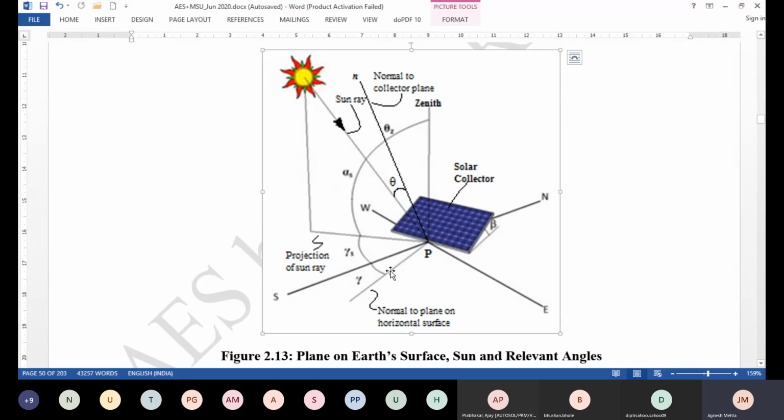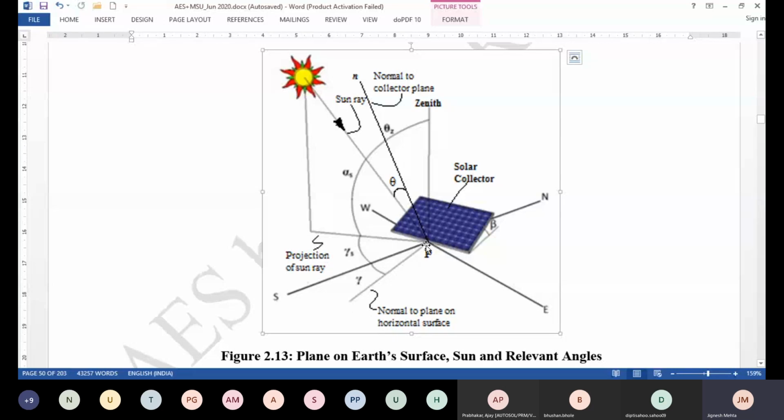Okay, so this line which is perpendicular to this line, right? The line which is, you can say, in contact with the horizontal plane is the normal to the plane on the horizontal surface. So right now, as it is shown, it is not coinciding with the north-south line, and it is towards the east side, right?